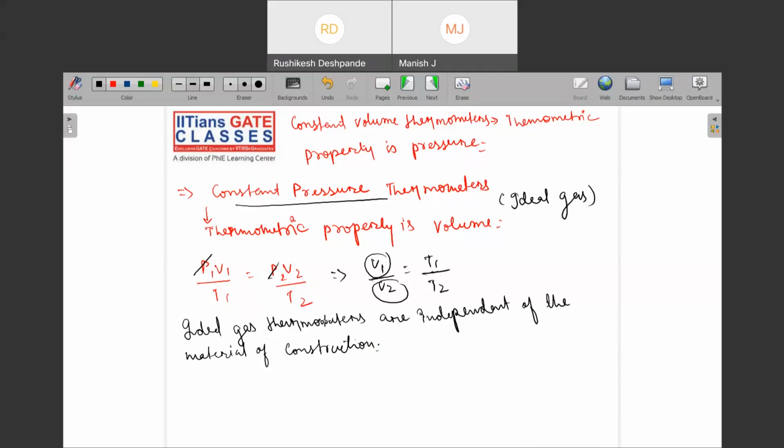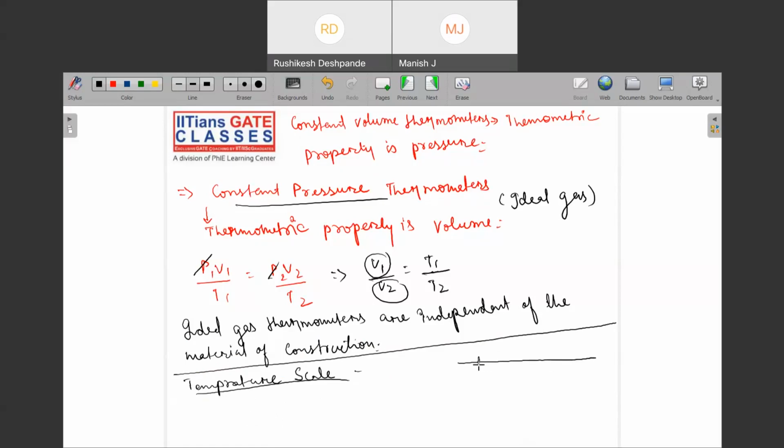Let us now quickly move to temperature scales. Just one thing we need to remember about temperature scales, nothing much to worry about. What is a temperature scale? Let us say there are the ice point and the steam point.